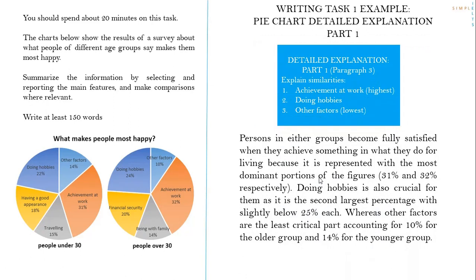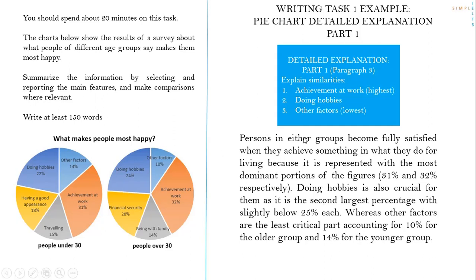And then for the paragraph 3, the detailed explanation, this is the example. Persons in either groups become fully satisfied when they achieve something in what they do for a living because it is represented with the most dominant portions of the figures, 31% and 32% respectively.